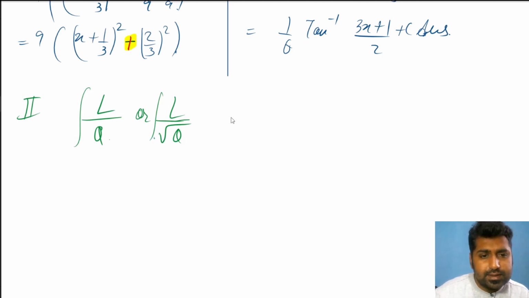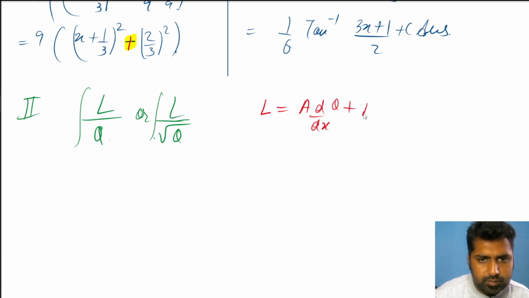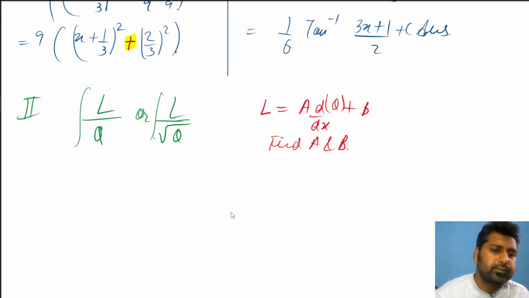Idea is still the same, make the perfect square, but before that what you have to do is you have to write a linear expression L as a times d by dx of quadratic plus b and find a and b. Okay. Then split the integration in two parts and solve it.